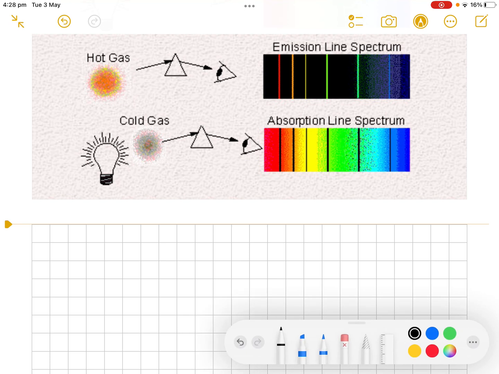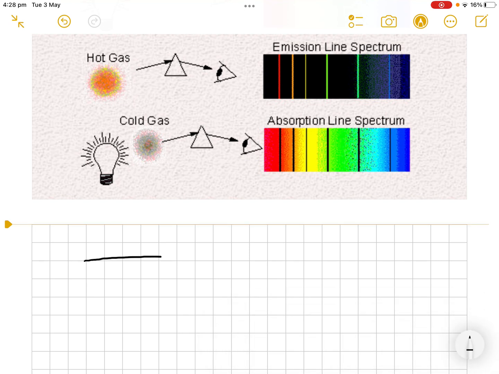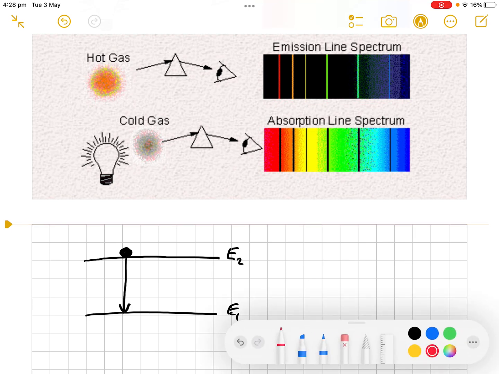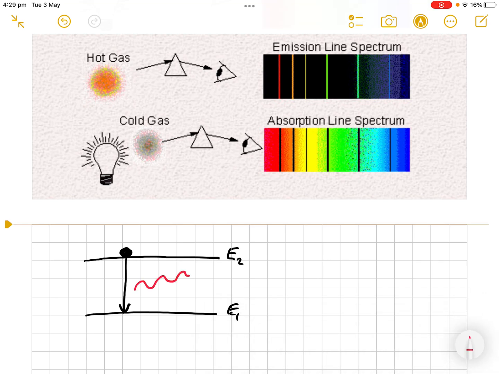So just to make the link between the energy levels and the colours, you'll remember that if an electron falls, let's just say between E2 and E1, so it's been promoted up here because of the heating of the gas. It's unstable up there, so it spontaneously falls down.